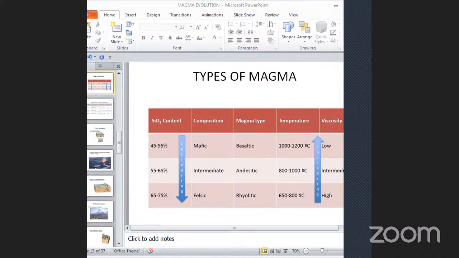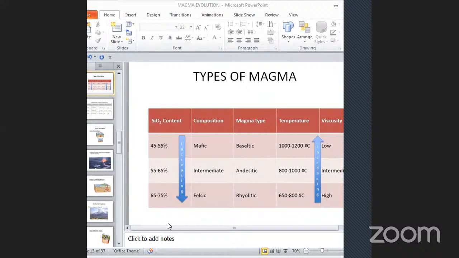So rocks in the intermediate family contain a lower proportion of silica than rocks in the felsic family, but a higher proportion of silica than the rocks in the mafic family do. So the rocks in the intermediate family include diorite and also andesite. Diorite, andesite, right? So these are the types of magmas.